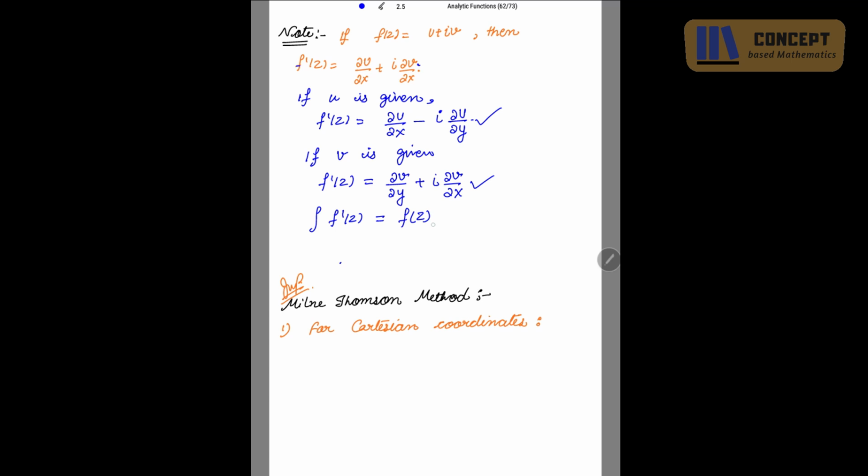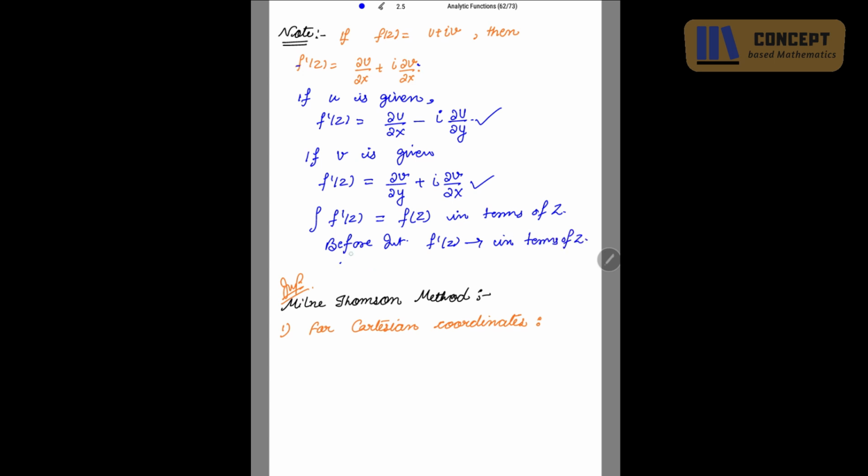Now here also this f of z comes in terms of x and y, but we need to have this f of z in terms of z. So before integration, this f dash z should be in terms of z only.